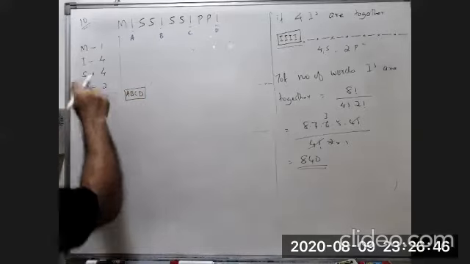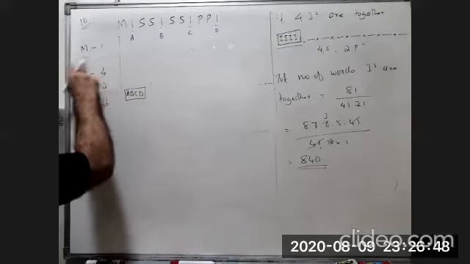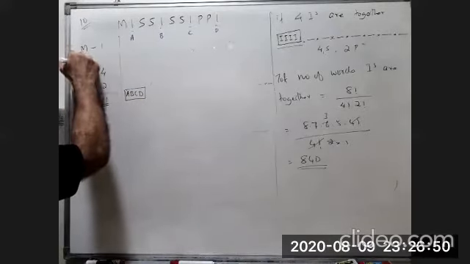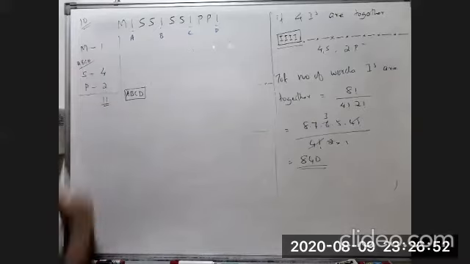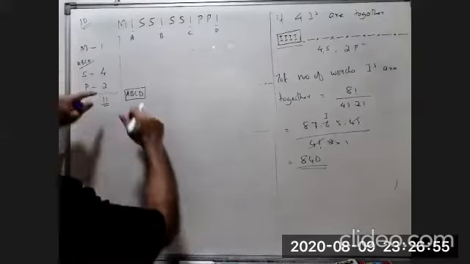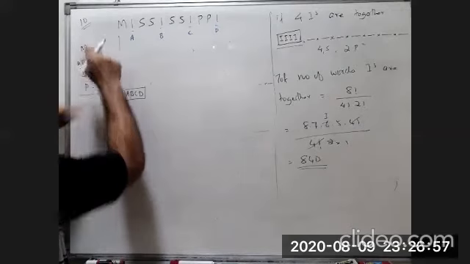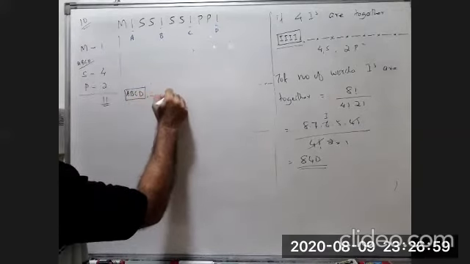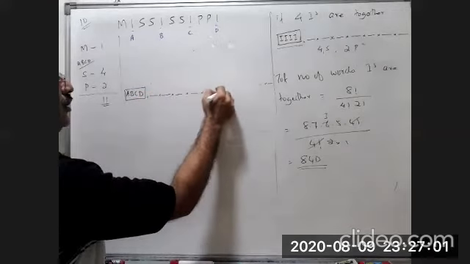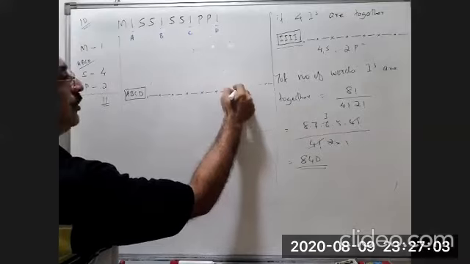So instead of 4 I's, it is A, B, C, D. If A, B, C, D is together, again remaining 4 plus 2 plus 1, remaining 1, 2, 3, 4, 5, 6, 7 places.